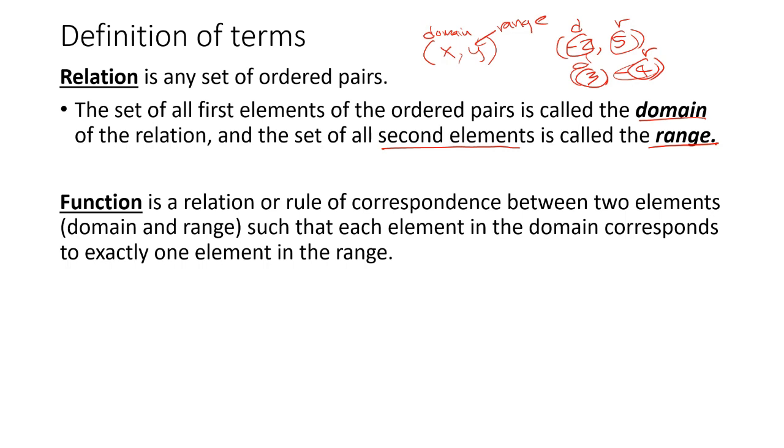Let's go to function. It says here a function is a relation or rule of correspondence between two elements, domain and range, such that each element in the domain corresponds to exactly one element in the range.